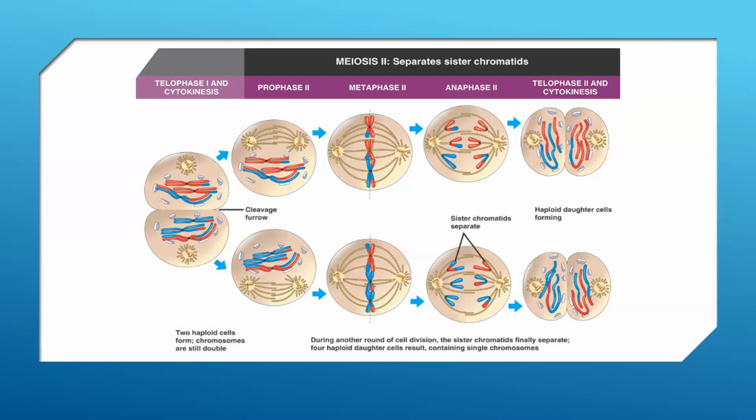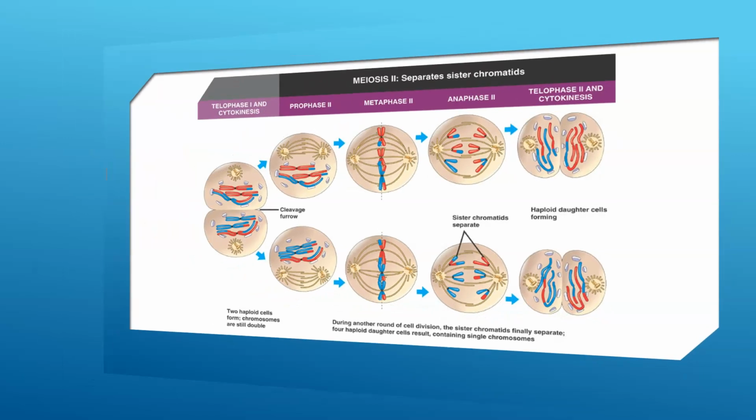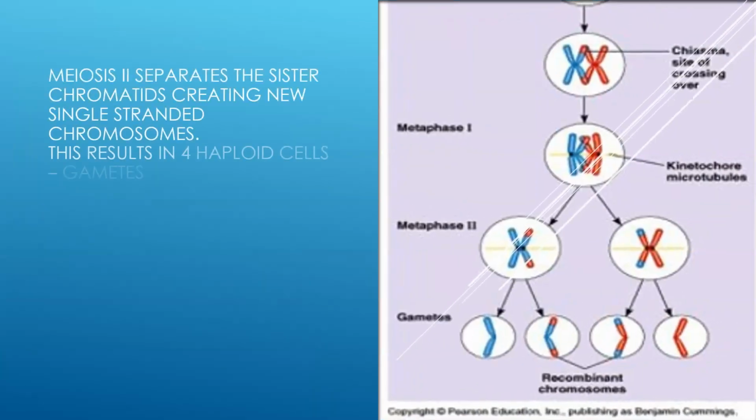This is just showing you meiosis 2, from the telophase and cytokinesis through meiosis 2. So the role, or the purpose, of meiosis 2 is to separate the sister chromatids, creating new single-stranded chromosomes. And this then results in our 4 haploid cells, which we know as gametes, sperm or egg cells.